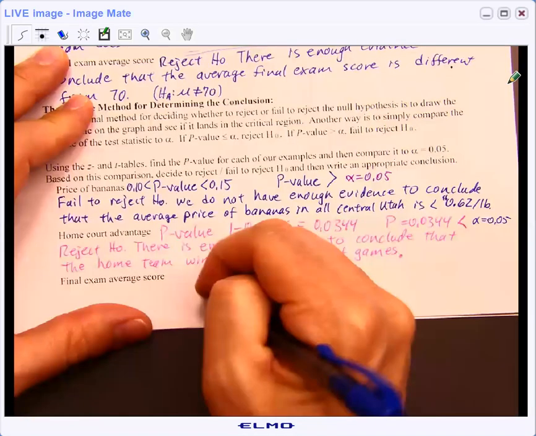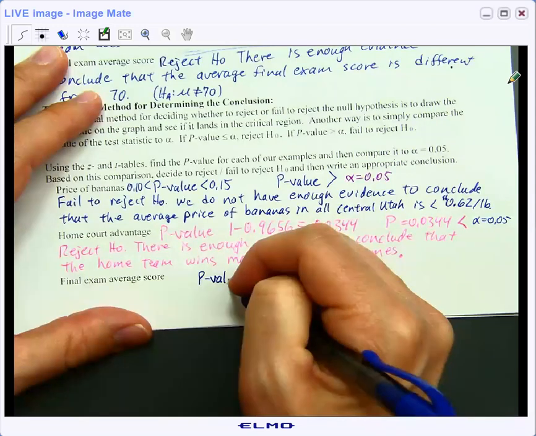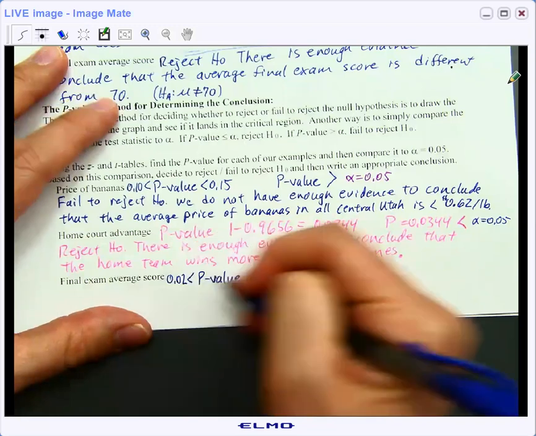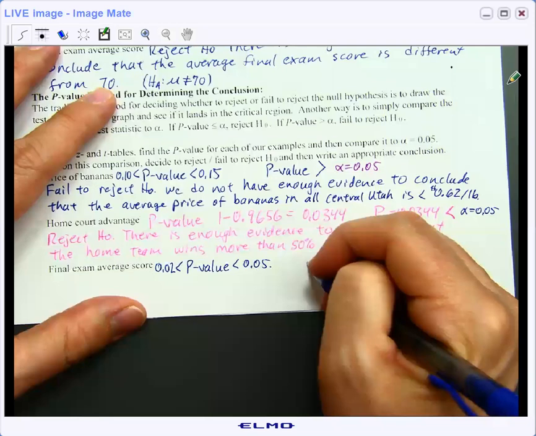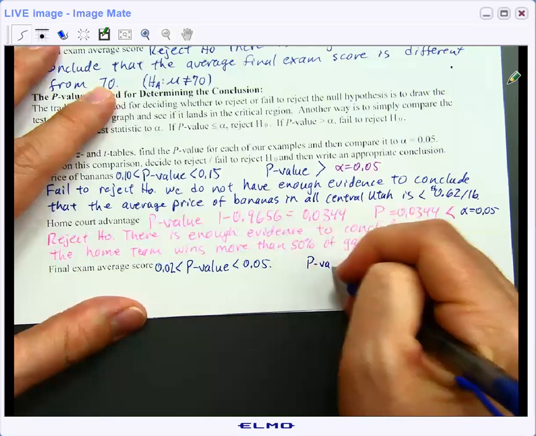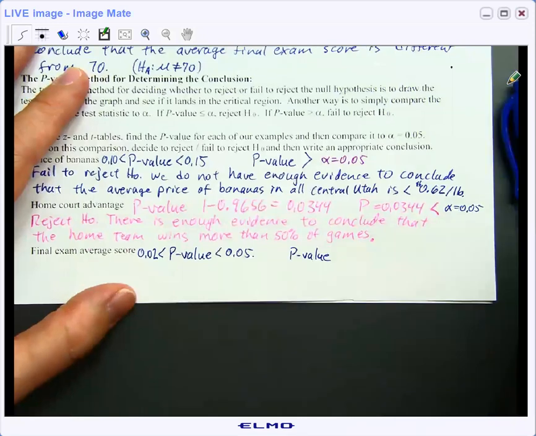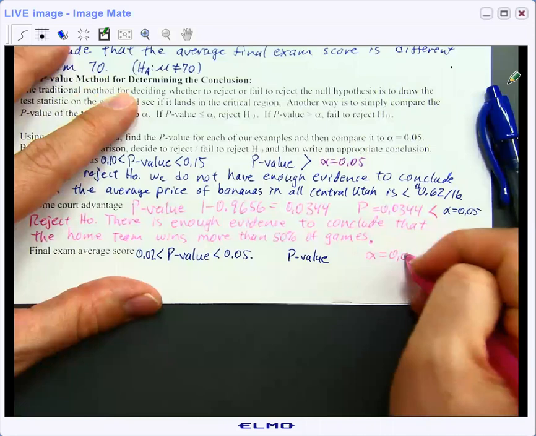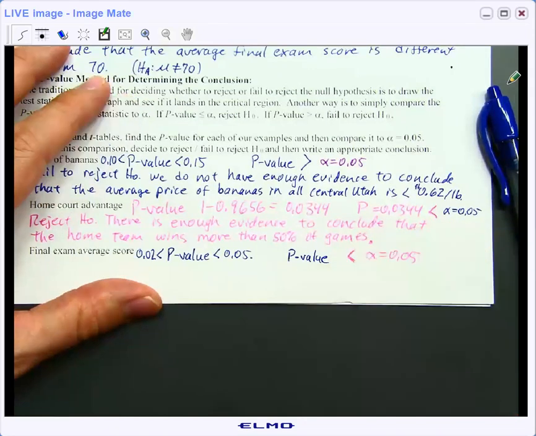So our p-value for the final is greater than 2%, 0.02, but less than 5%, 0.05. And if we compare that p-value of somewhere between 2 and 5% against our alpha value of 0.05, we see that our p-value is less than alpha, so we will reject H0.